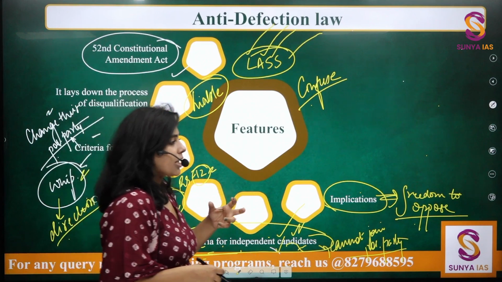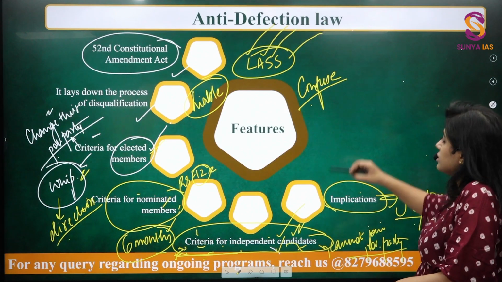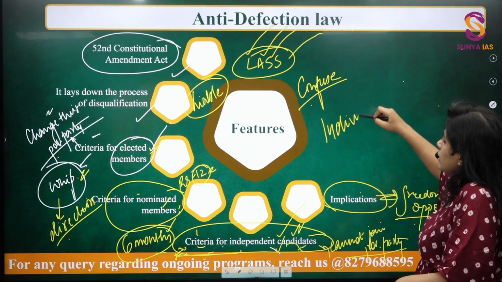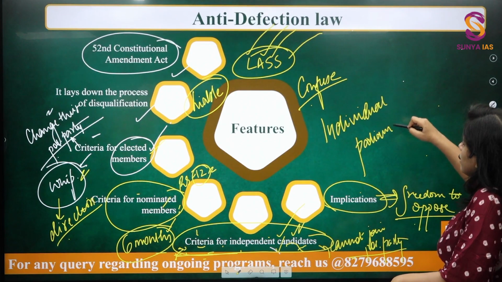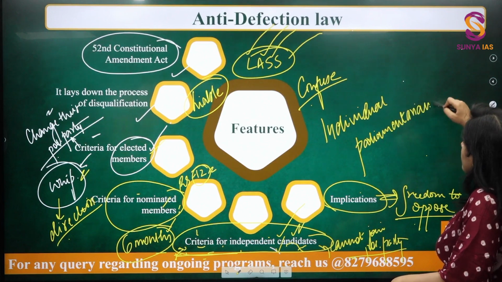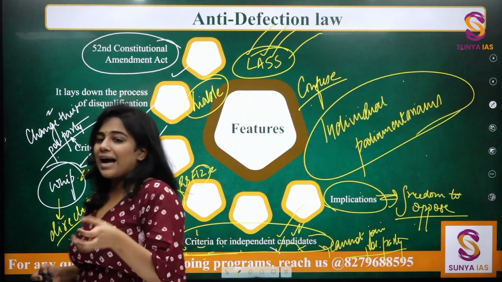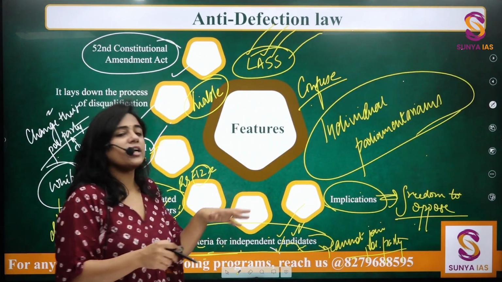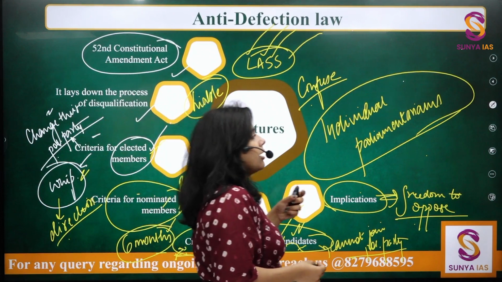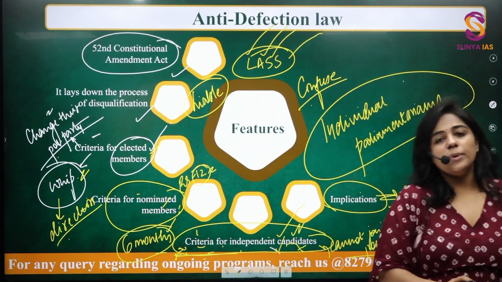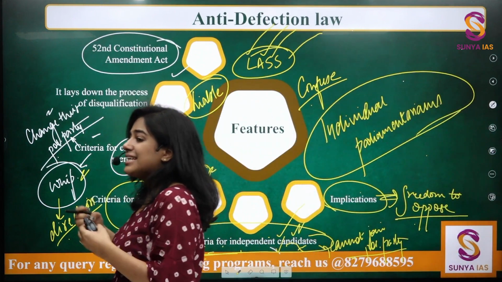And in fact, there was a question in the UPSC examination about how the role of individual parliamentarians is declining, and that is leading to the decline of the Indian Parliament itself. What does this mean? This means that by law, by the 52nd Constitutional Amendment Act, by the 10th Schedule, candidates are not supposed to oppose anything that their party is doing.